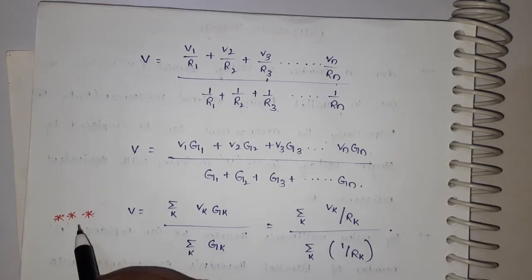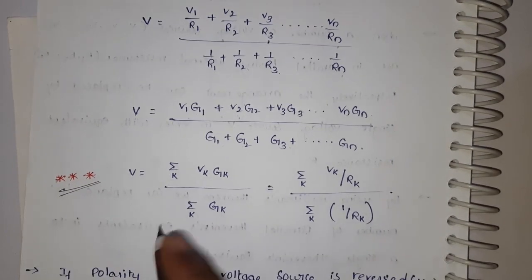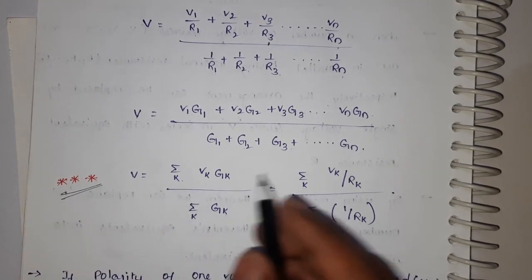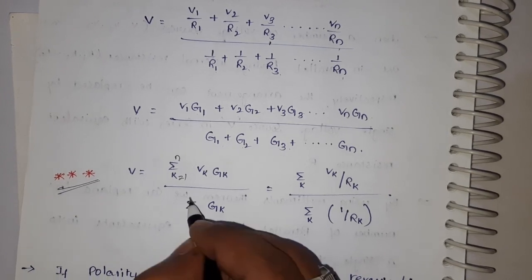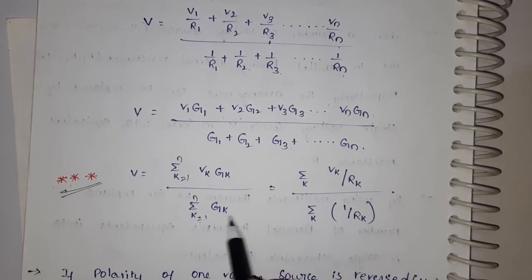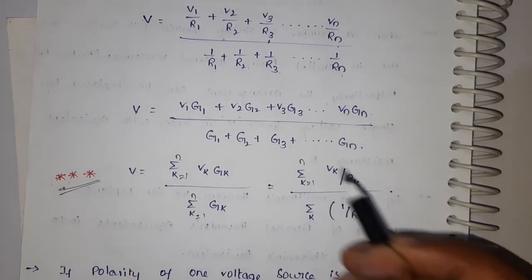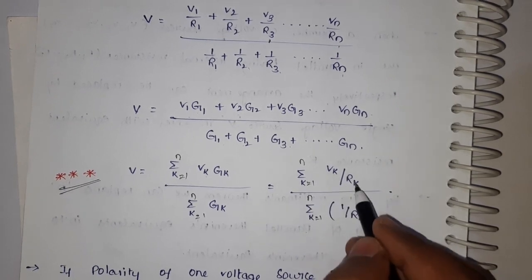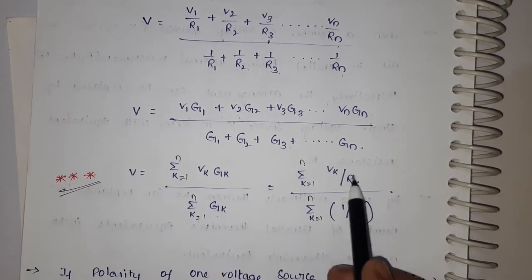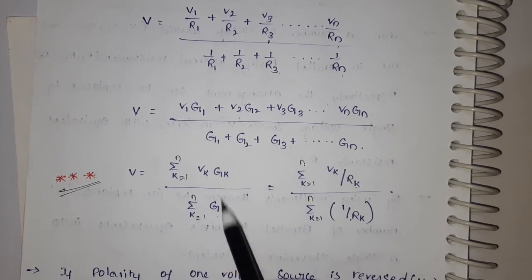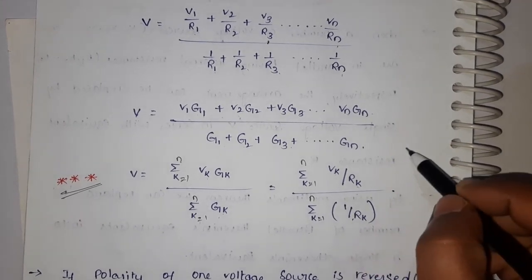So the final formula, which is very important for solving problems, is V equals sigma k equals 1 to n of Vk Gk by sigma Gk, which is equal to sigma k equals 1 to n of Vk by Rk divided by sigma 1 by Rk. We have replaced Gk by 1 by Rk in these places.